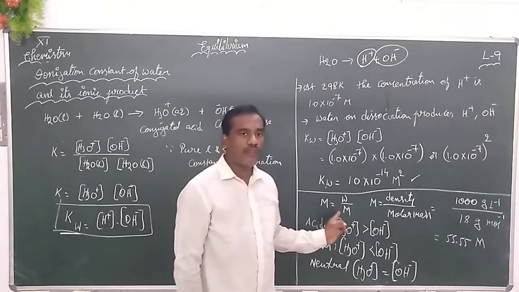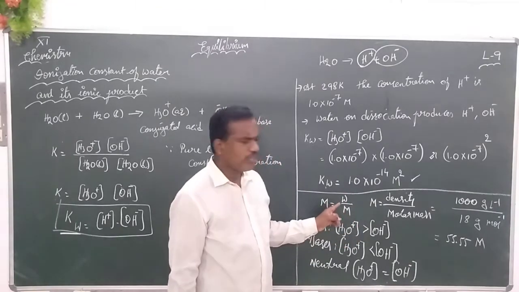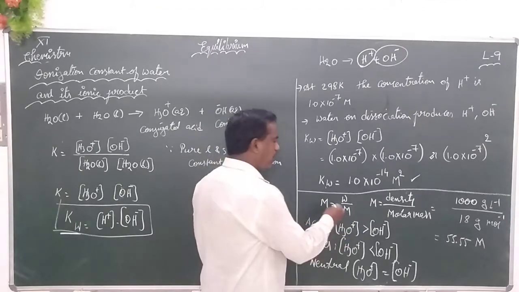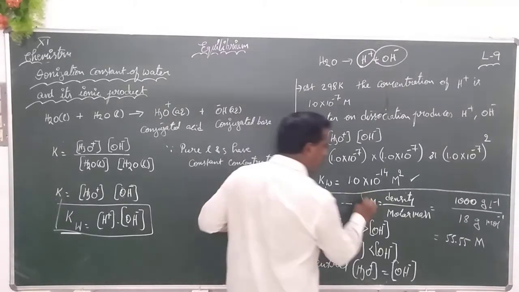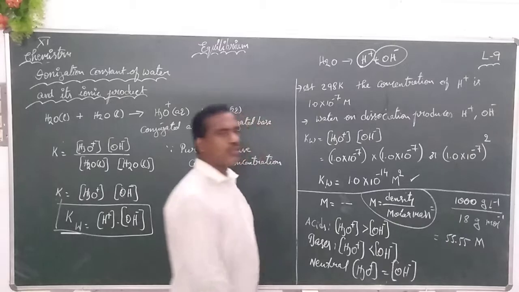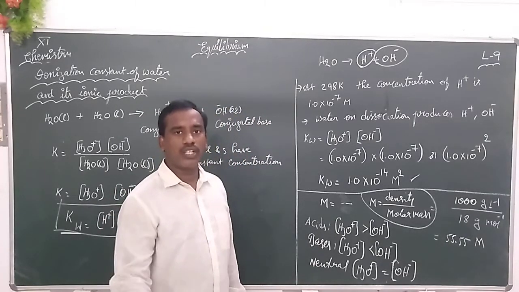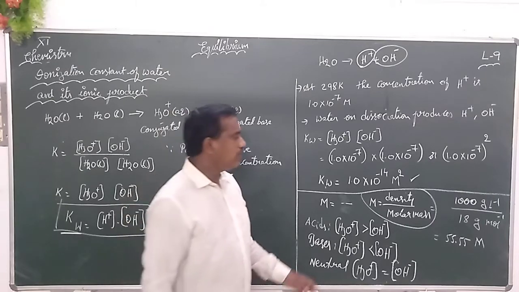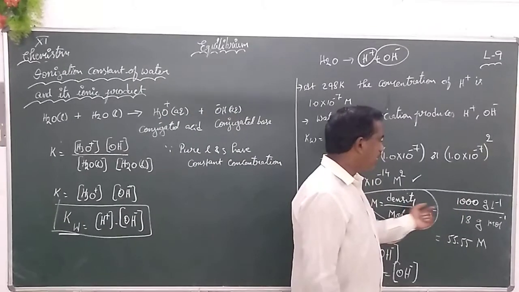For that we use the formula: molarity is equal to the given mass by the molar mass, or you can calculate using density over molar mass. What is the density?